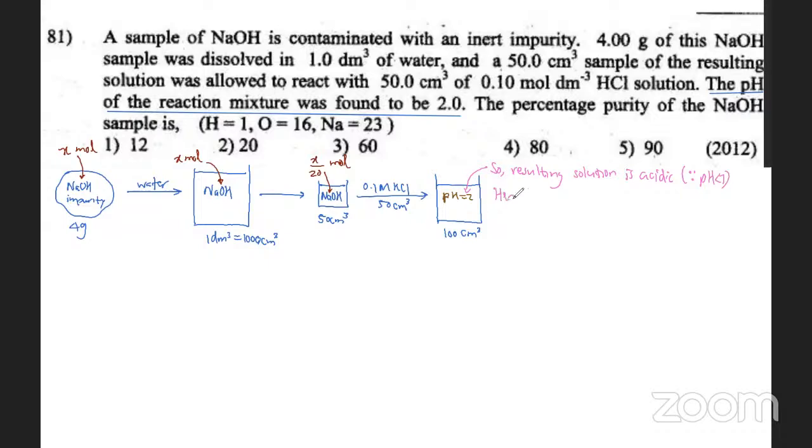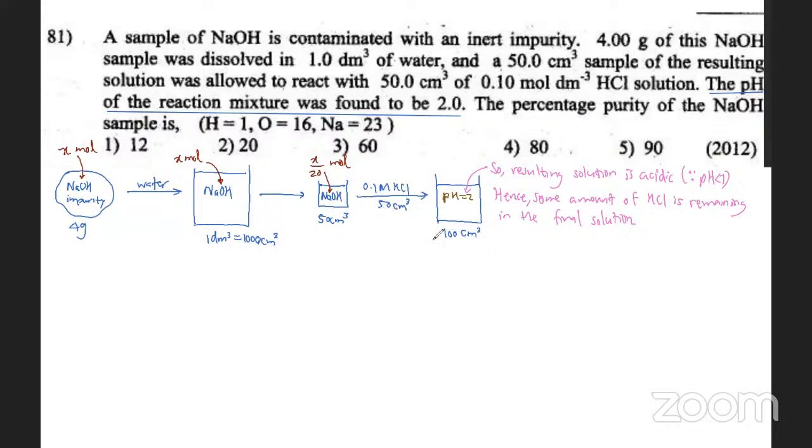Hence we can say some amount of HCl is remaining in the final solution. Obviously, if HCl is not remaining, pH can't be less than 7, people. If pH was greater than 7, all HCl has reacted and sodium hydroxide is remaining, but it's not the case.